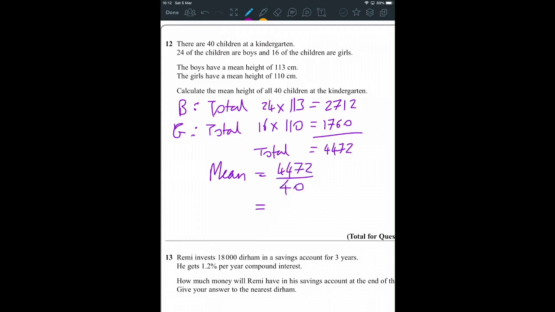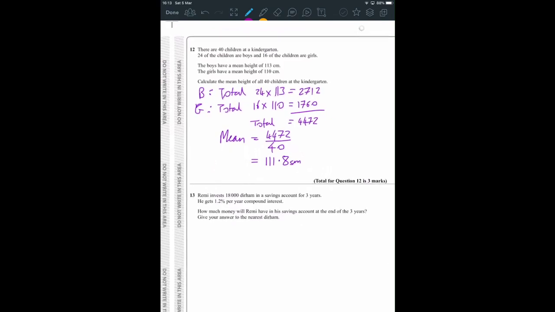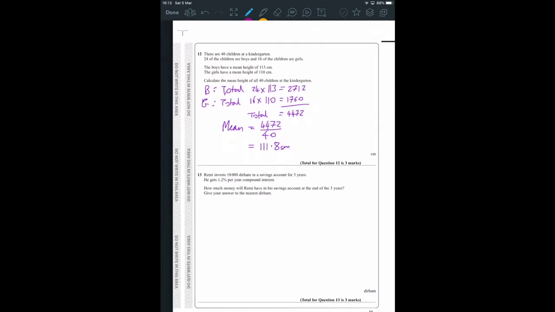Hopefully you've noticed by now that you should be getting an answer around 111, 112, because it has to be between the 110 and 113 being the means for the boys and girls separately, and indeed it comes out as 111.8. There were more boys, so we do expect the answer to be closer to the boys' height.